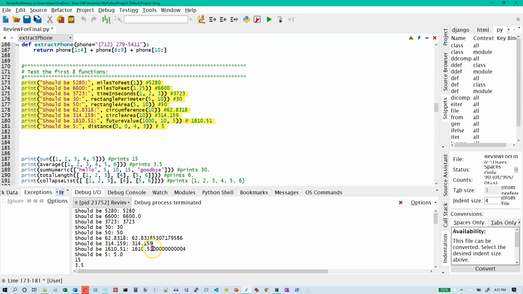And this one down here is a little funny. It should be like $1,610.51. We get this number that's way out here on the end, which is basically insignificant. So that would round off to 51 cents. And the reason for this has to do with the way that fractions, real numbers, are represented in a computer.